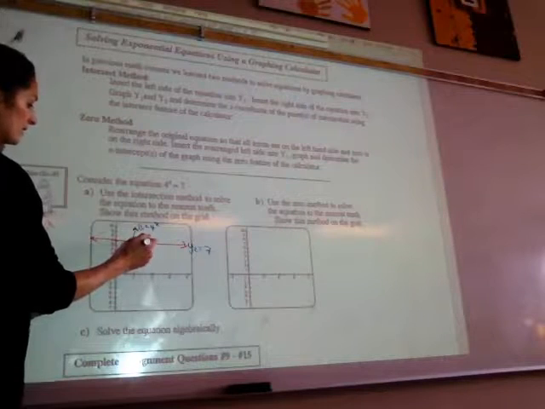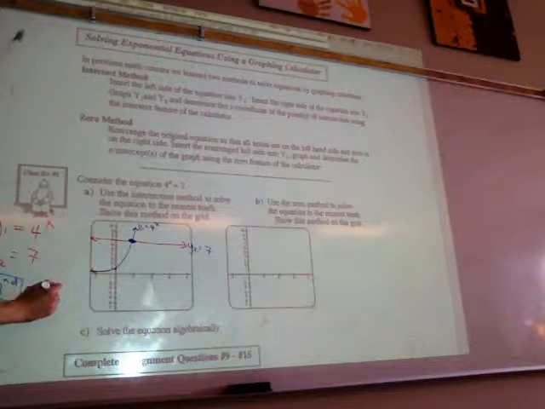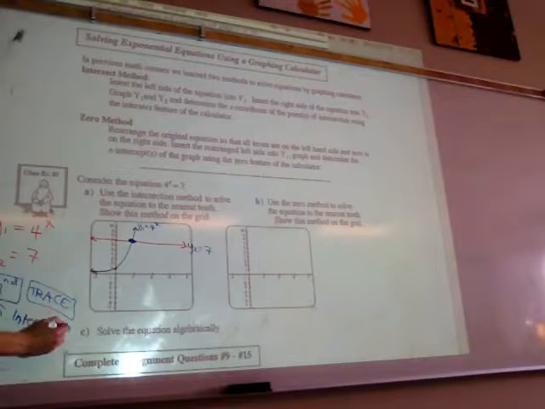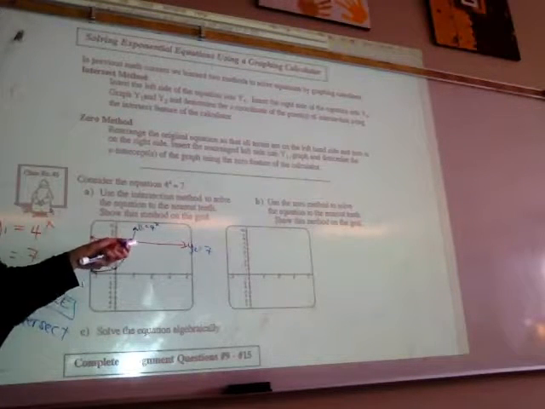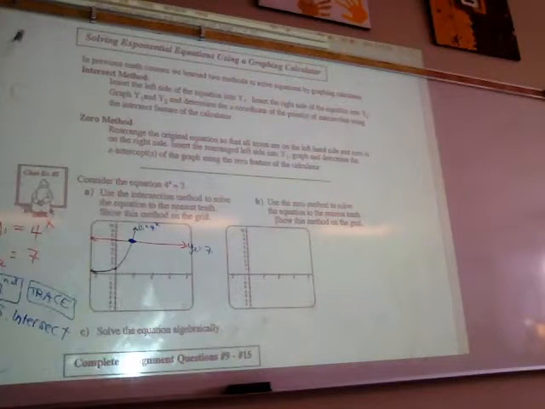The whole goal is to figure out what is the intersection point. So to do that, you're going to go second trace, and number 5 for intersect. We already know that y is going to equal 7. We just need to figure out what's the x value. That's the whole goal of this, solve for x.